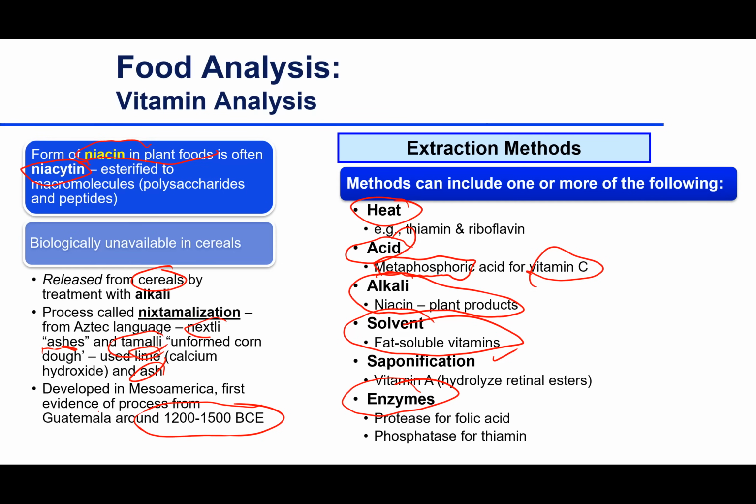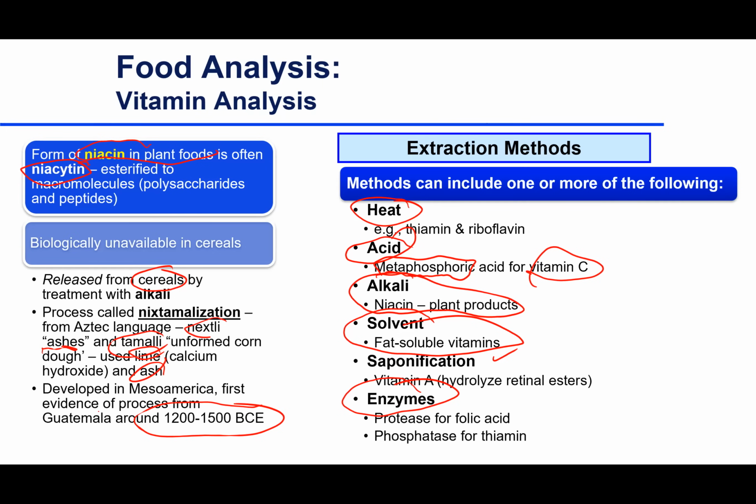Shift forward to the early 1900s in the United States. They didn't know about this. And the southern part of the United States became a corn-based culture, and really, really bad things happened. Does anybody know what happened? The name we give to the condition that developed.